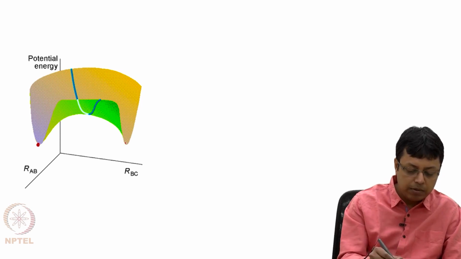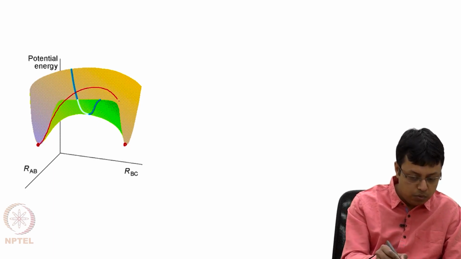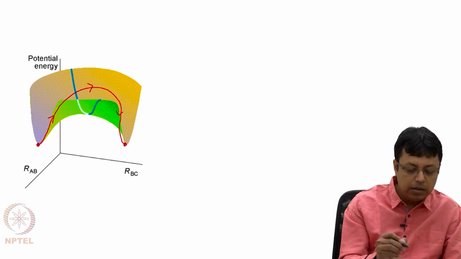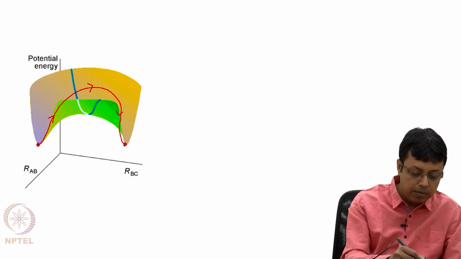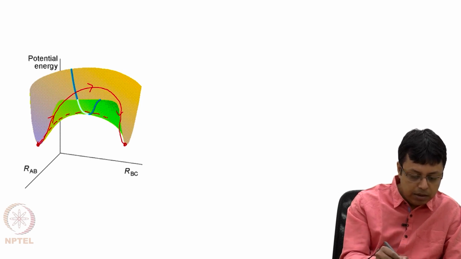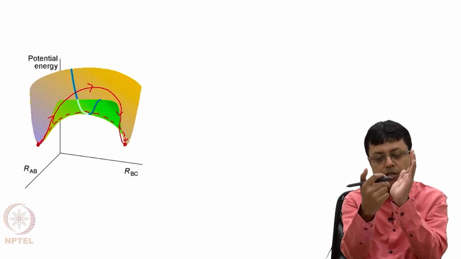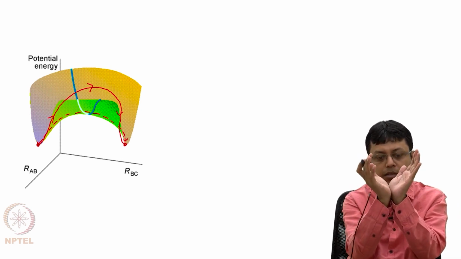I am traversing from, say, AB to BC, and on the potential energy surface I could go from here to here, but that's a much more energetic path. I'm not doing that. Rather I'm following a much less energetic path, which is like this. There is a curved surface like this, and I'm following the minima of this curved surface.